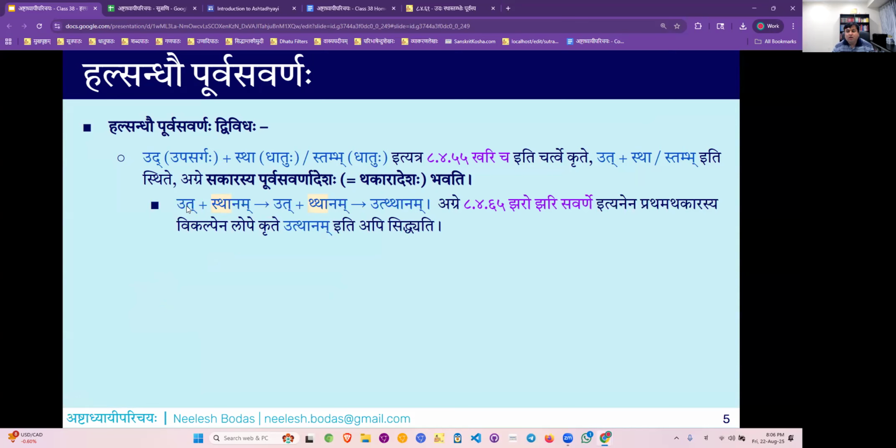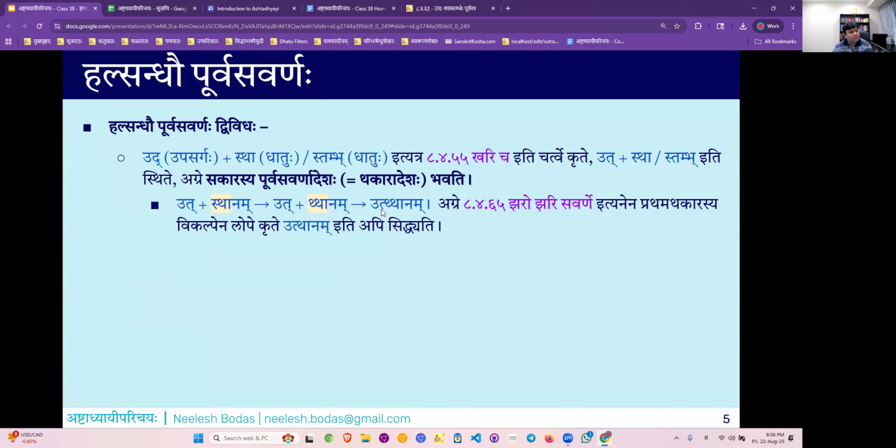सो पश्यामः उद् प्लस स्थानम इत्यत्र सकारस्य थकारादेशे कृते उत् प्लस डबल थकार. This is not a dvitva. This is sakara getting converted to thakara. Utta plus thanam. Combine everything. So there is a sanyog of 3 letters. There is a ta from utta and there is a double thakara from thanam.